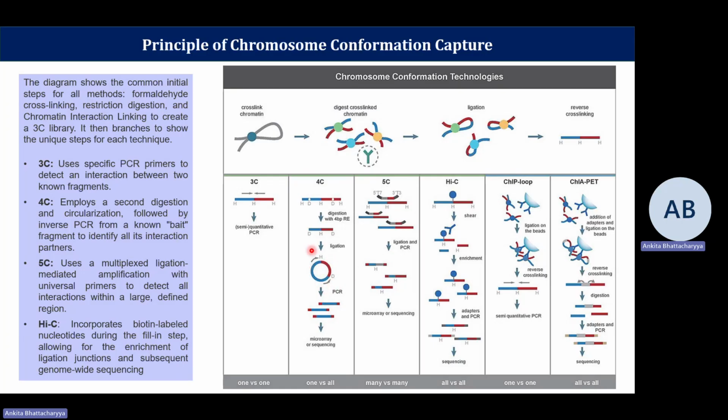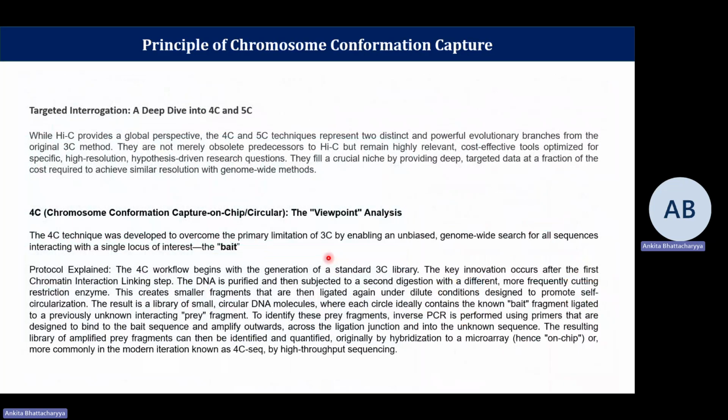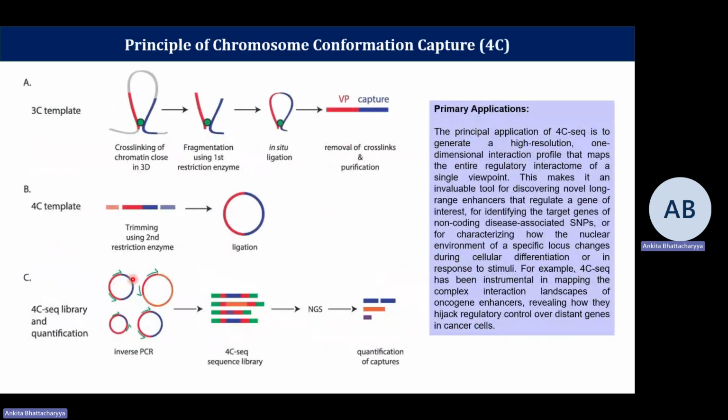In this way the PCR will be completed, and this region of your interest will be sequenced and decoded. The resulting library of amplified fragments, the prey fragments, can then be identified and quantified by hybridization to a microarray, which is why it was considered on-chip, or by high throughput sequencing, which is what is currently 4C-seq.